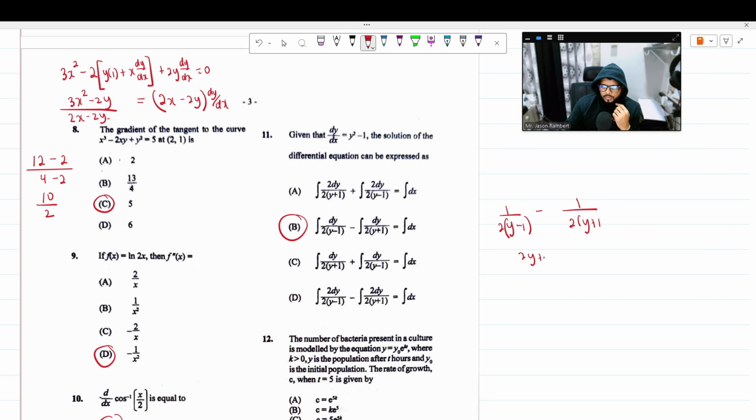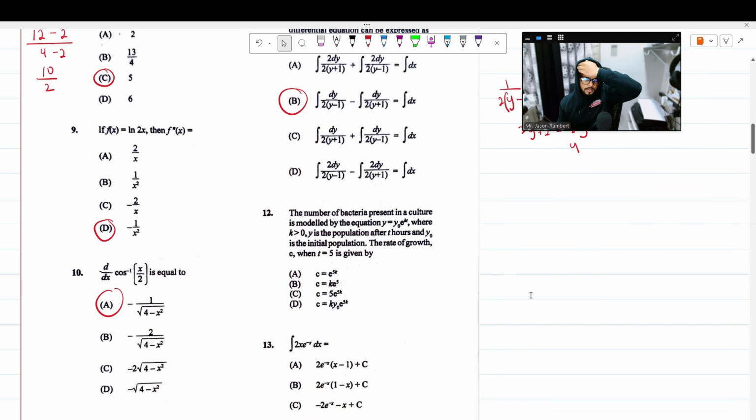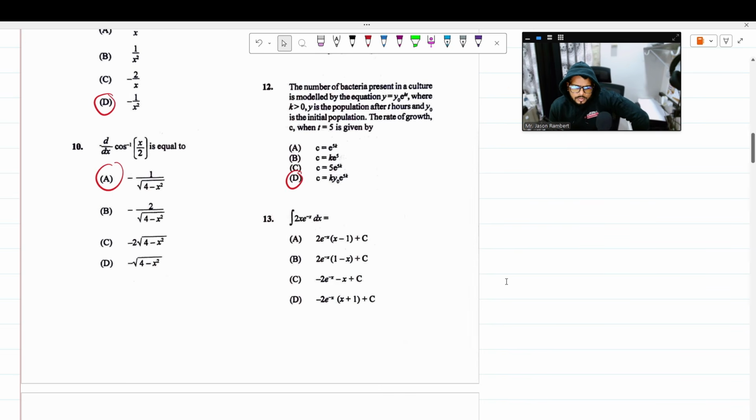Again, 2y plus 2, take away 2y plus 2. I'm going to get 4 on top and 4 below. Yeah, B is the answer. The number of bacteria, this is D. This is a repeat question. This one is also a repeat question.